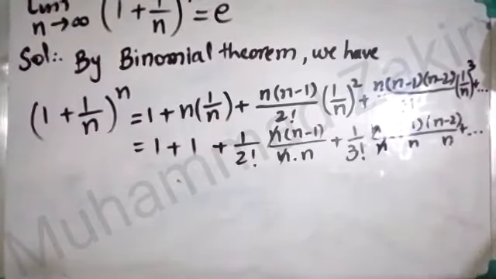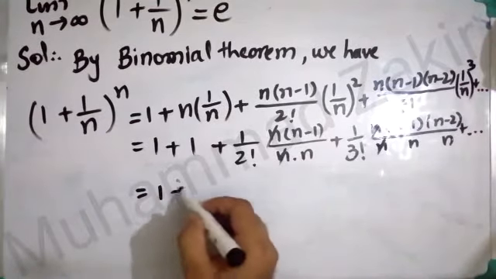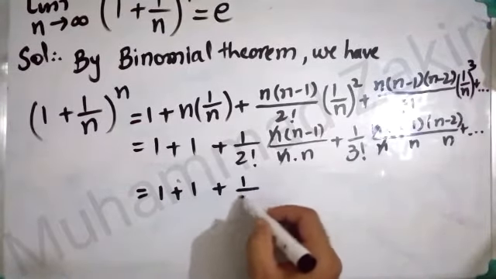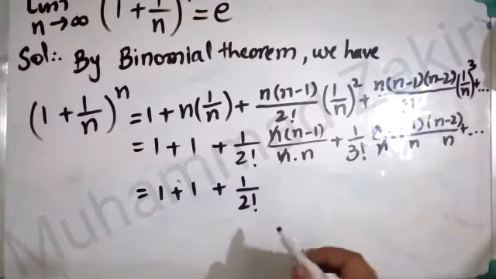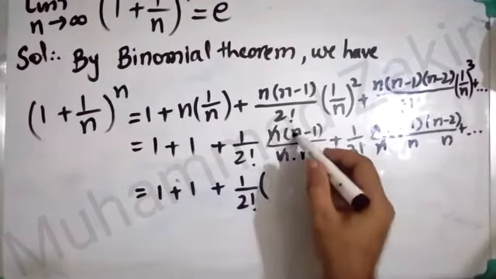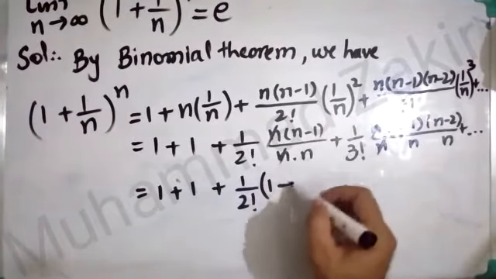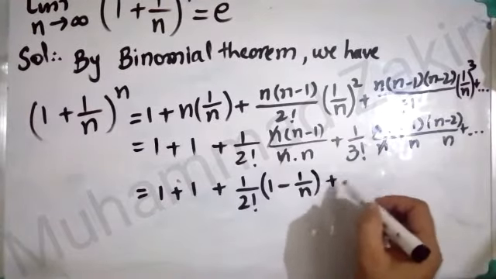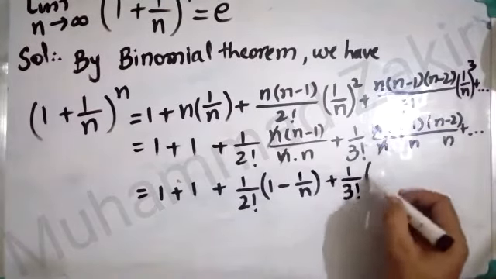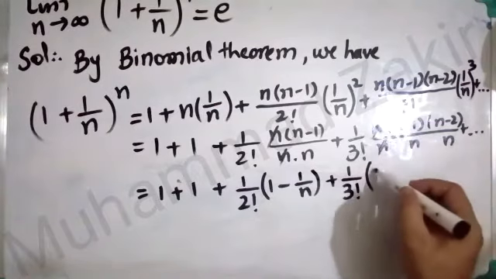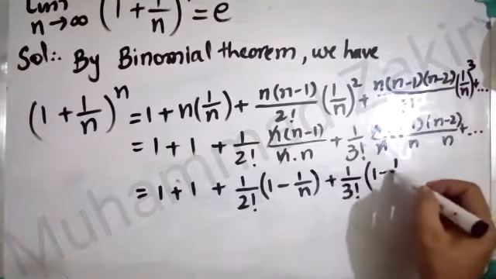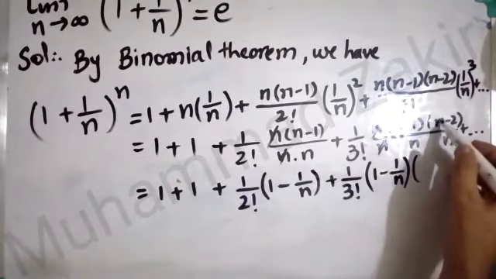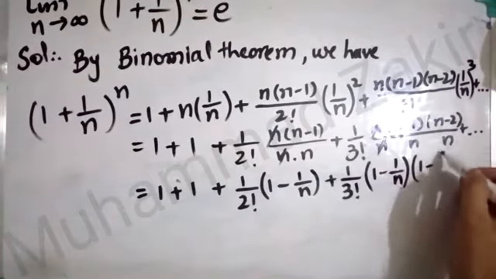This continues like this. Then we write 1 plus 1 plus 1 by 2 factorial. It will be, n by n is 1, minus the other value, 1 by n. Then we write 1 by 3 factorial, n by n is 1 minus 1 by n, and n by n is 1 minus 2 by n.